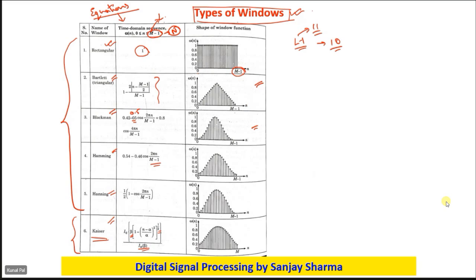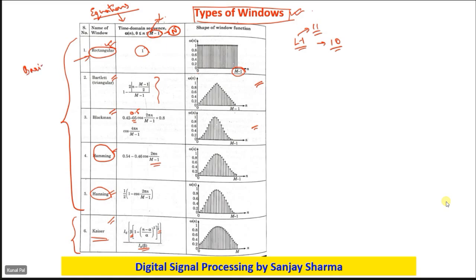So commonly what we use while we try to design the filters, generally you will find the Hanning window. It is most commonly used, and sometimes you will also find Hamming window. Bartlett and the Blackman window are very seldom used, and the rectangular window is the most basic window.